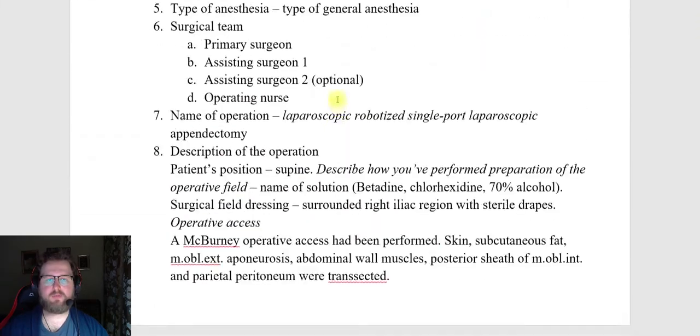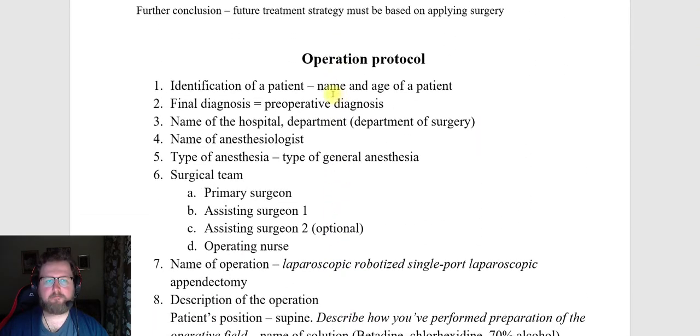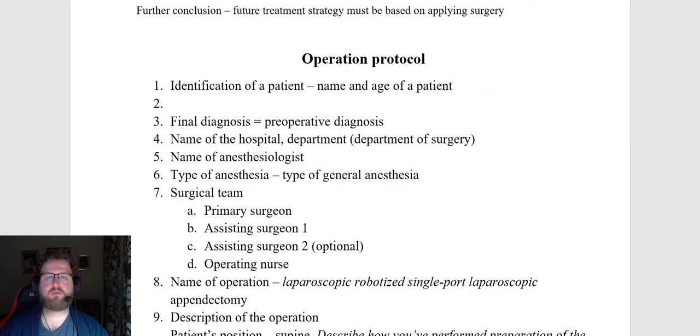And I forgot to mention at the very beginning, after identification of a patient, we must always write down date and time of operation.